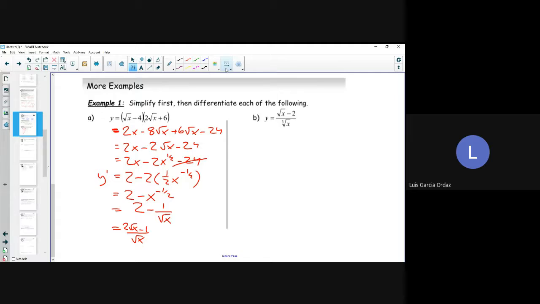Remember, we never like radicals at the bottom. You're going to do the conjugate, so we're going to multiply by root x over root x. And this gives me my derivative of 2x minus root x over root x. So this would be my derivative.